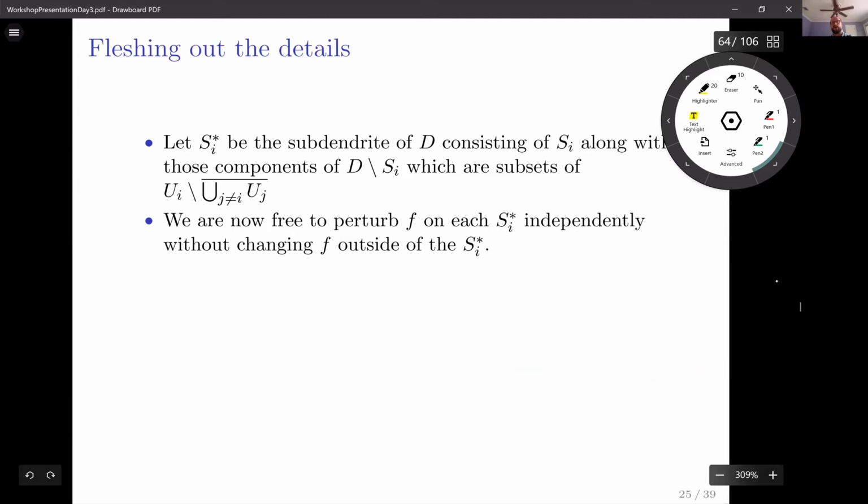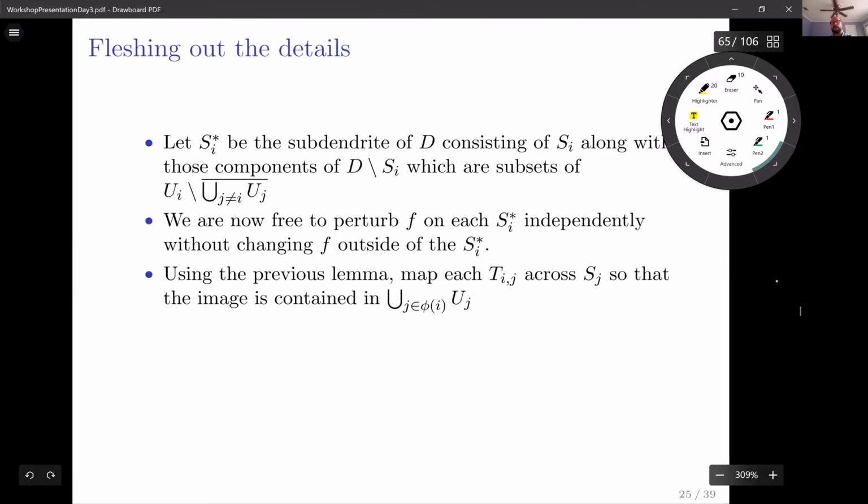All right, and then because of the way we've sort of isolated everything out, we're going to redefine F on these S_i stars in such a way that F doesn't change outside of the S_i stars. So we're going to change F only on these trees S_i star and the accompanying hanging bits.